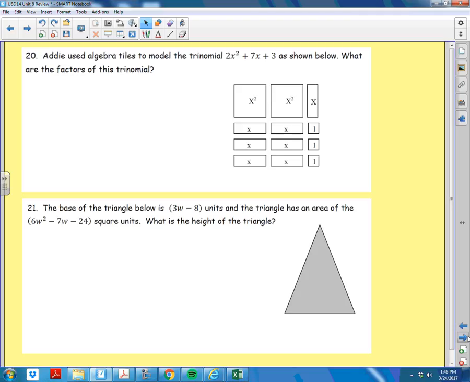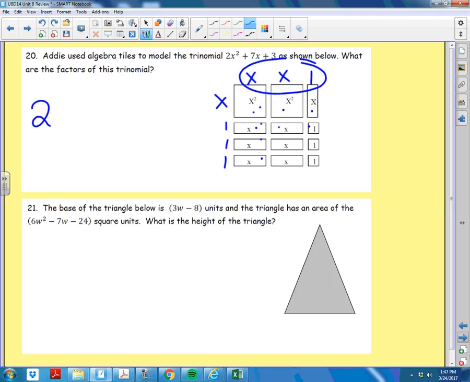Number 20. By the way, if you haven't figured it out, there are two ways to do these tile problems. One is you just do the GCF. What's the GCF of these three terms? X. GCF of these three terms? No, it's not. The last one doesn't have an X. It's 1, and then 1, and then 1. And then when you find the GCF of these guys, you end up with X, X, and 1, which gives you 2x plus 1 times x plus 3.